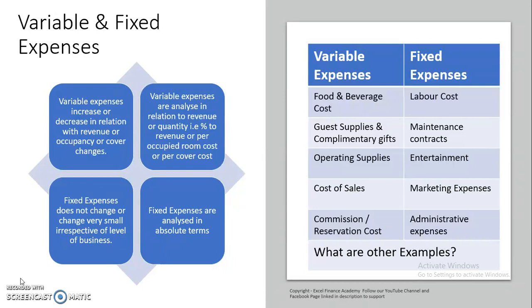There may be wastages, there may be some fixed element in the cost which you must identify. For example, in food and beverage cost, the breakfast buffet setup cost has largely a fixed component, because the buffet is set up initially, which is a fixed cost. You may have 10 covers, you may have 15 covers.